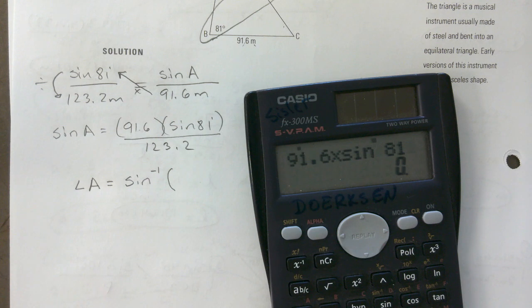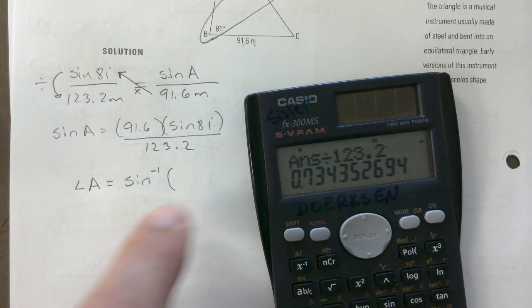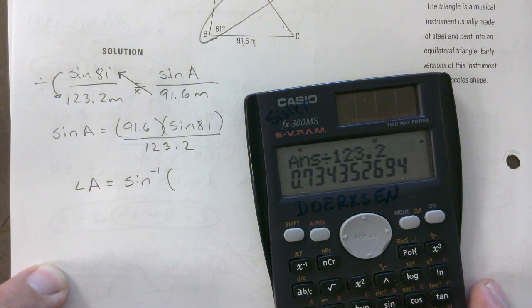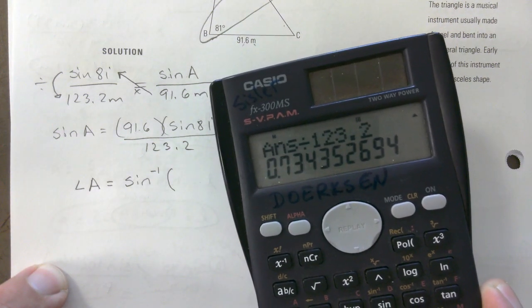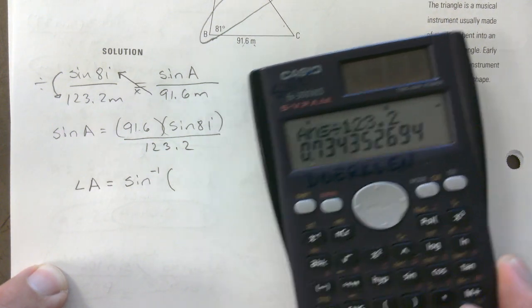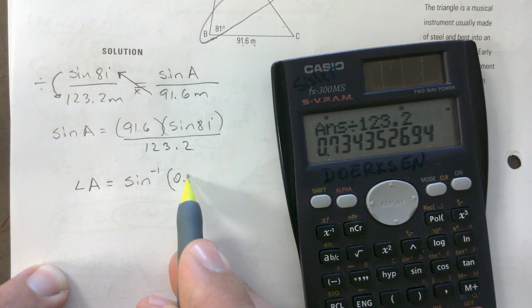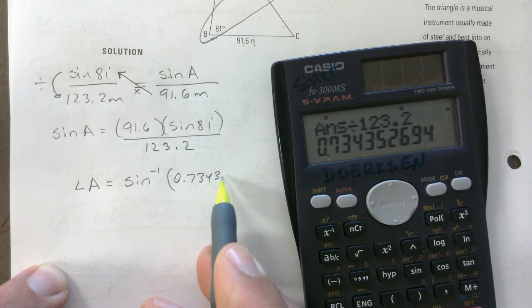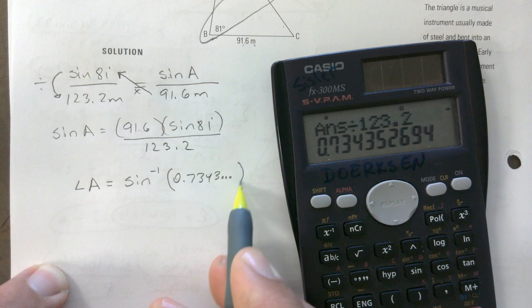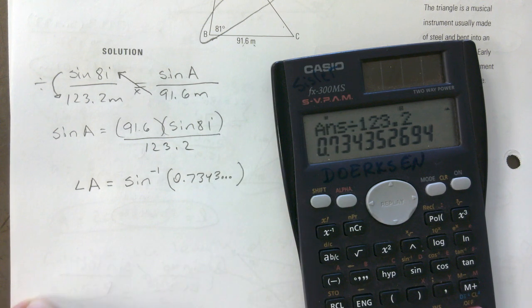You know your calculator. Divided by 123.2. And I get, don't clear it on your screen, leave it, I'm just going to write down the first couple of digits: 0.7343, dot, dot, dot. It's telling me that I'm using all of the decimals.